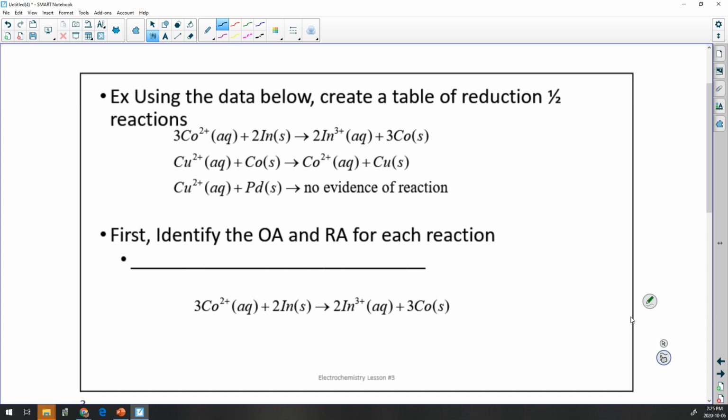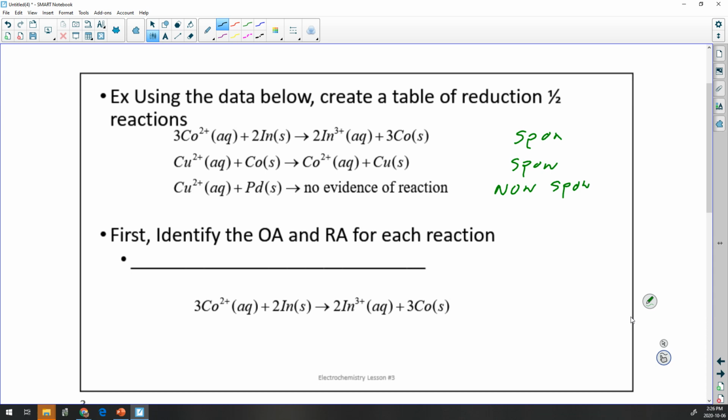Here we give you three reactions. Two of them are spontaneous, because I gave you the products, and one is non-spontaneous, because it says no evidence of reaction.